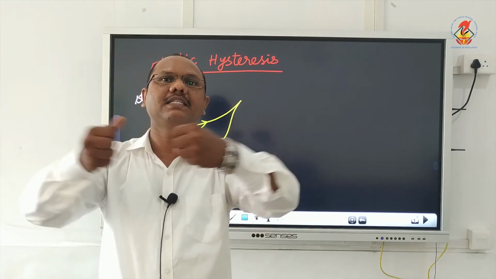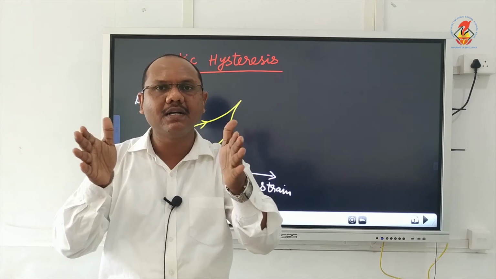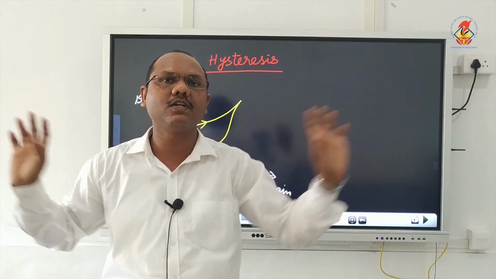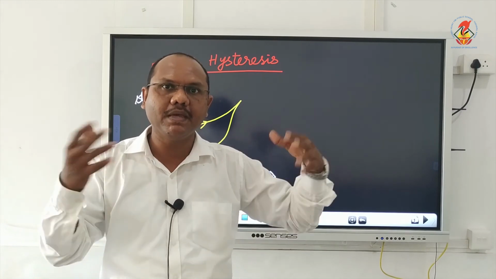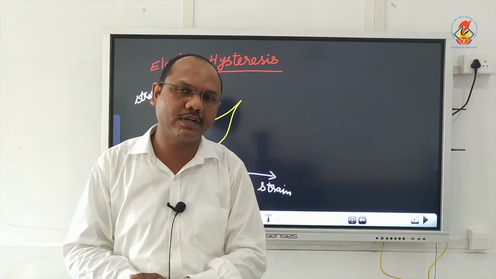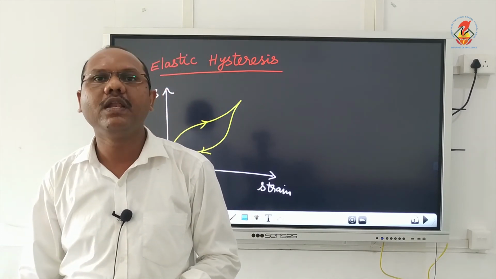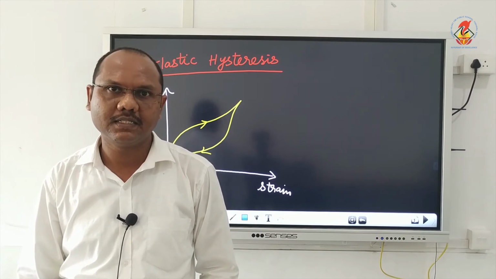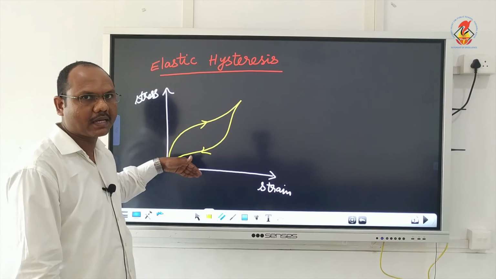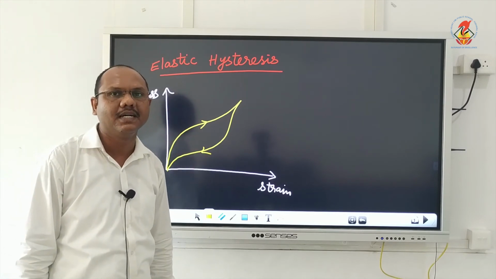When I stretch a rubber band, it will get stretched. When I release it, it will come back, but not exactly in the manner that it went. Meaning the forces are different, the stresses are different, the strains are different. So the stress strain graph will not coincide in the stretching case and in the coming back case. So this property is called elastic hysteresis.